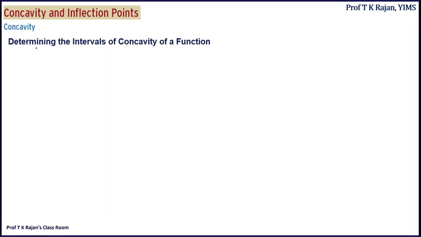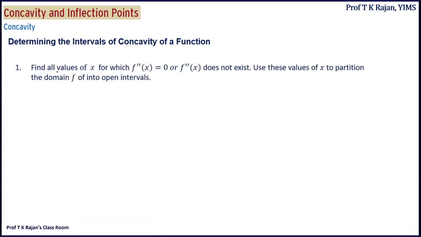Now, we are going to derive certain steps for determining the intervals of concavity of a function. First, you have to find all x for which f double dash x equals 0 or f double dash x does not exist.